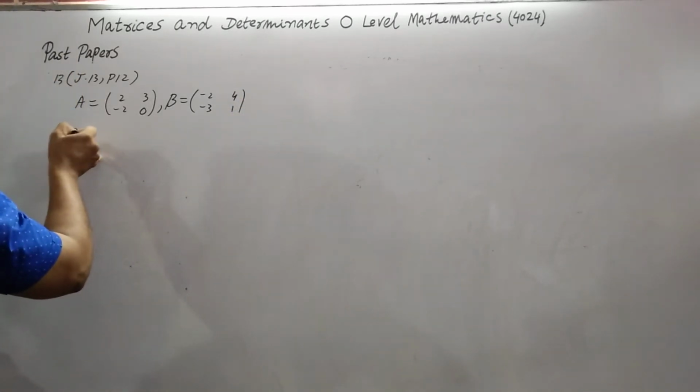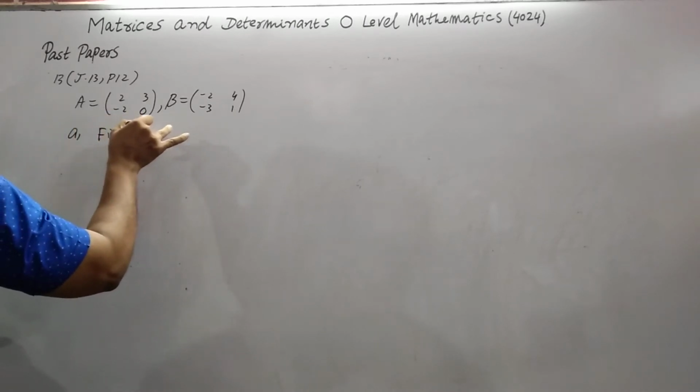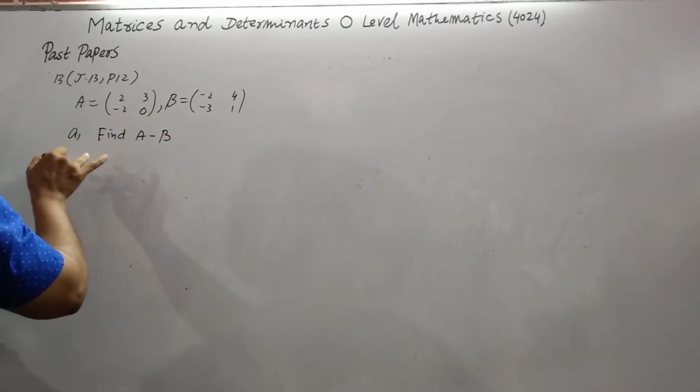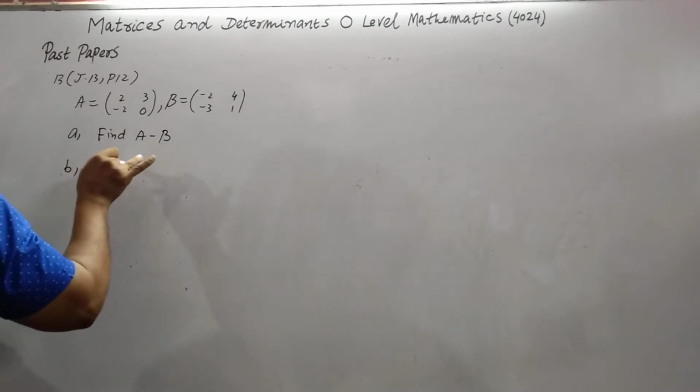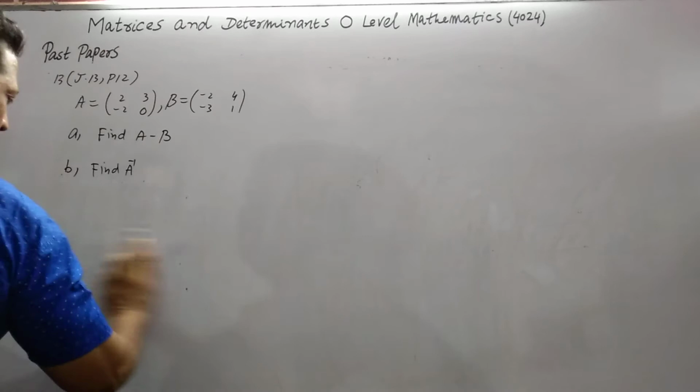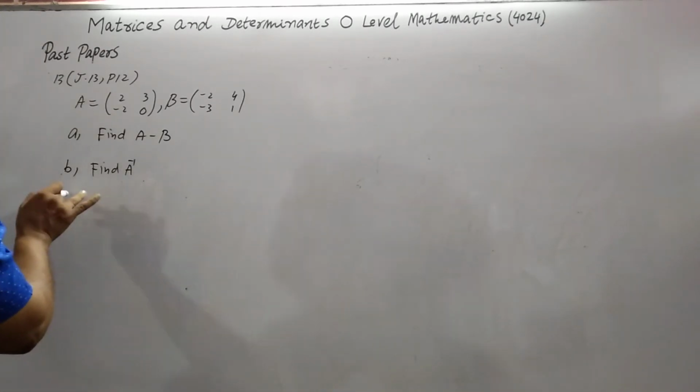Part A: find A minus B. Part B: find A inverse. Very, very easy. It's too easy.